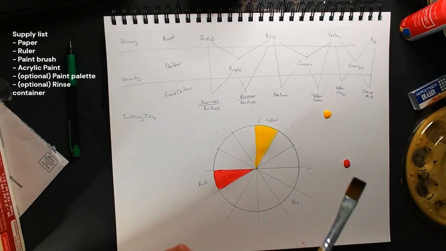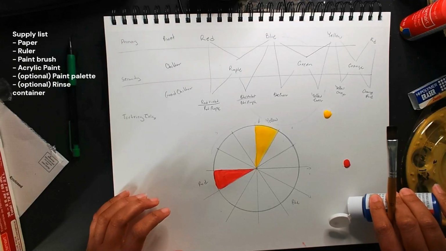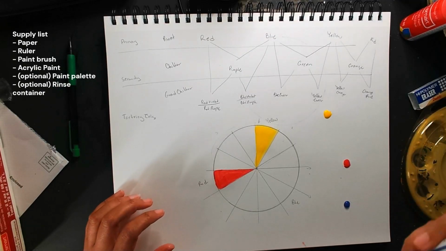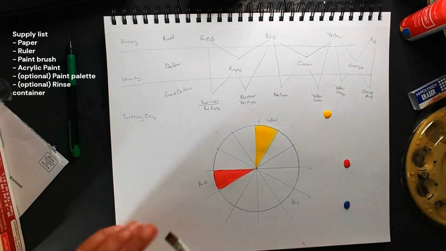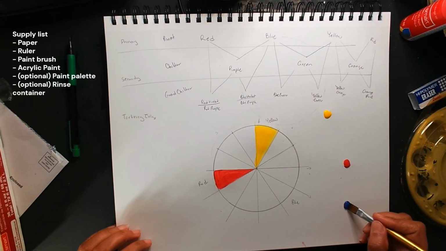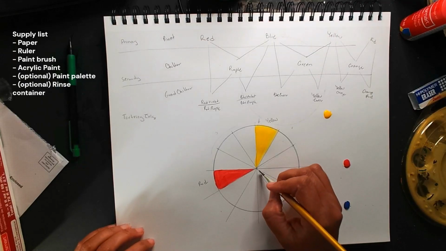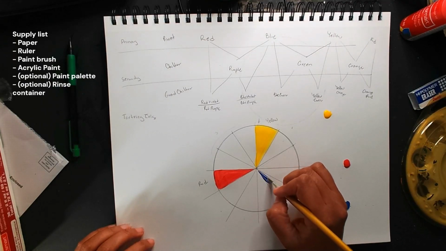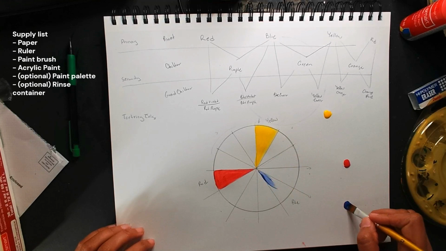Okay, so we're going to start with our primary colors. And now we have some blue. And it's going to look like a beach ball. It's totally fine.